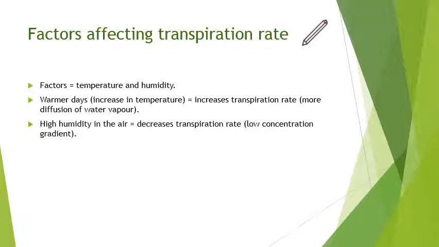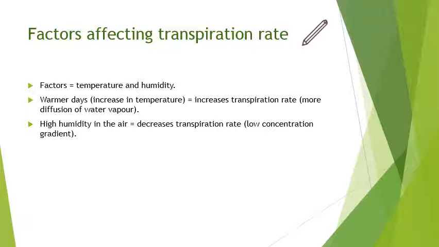Now it turns out if the air is very humid, that means that there is a lot of water vapor in the air already. And that means that the concentration difference between the inside of the leaf, in the air pockets of the spongy mesophyll, and the outside air is not particularly big.